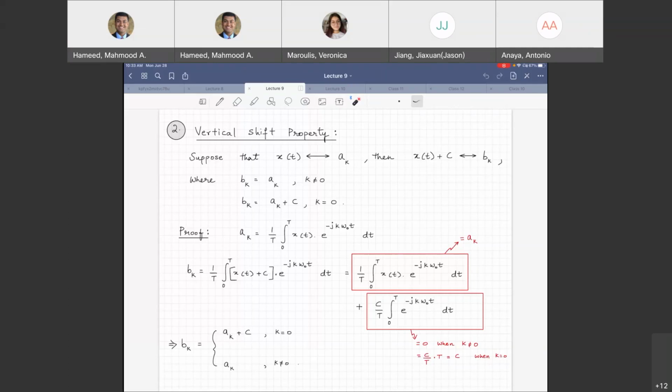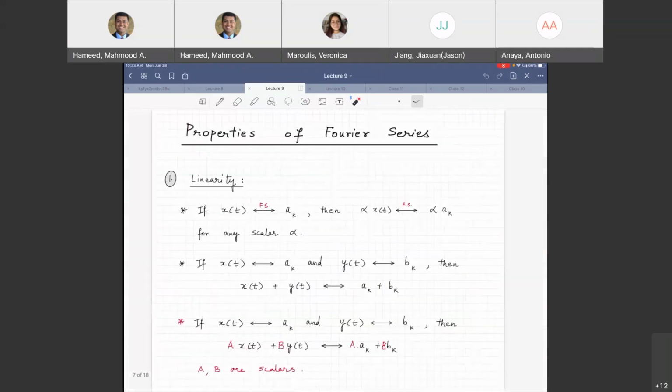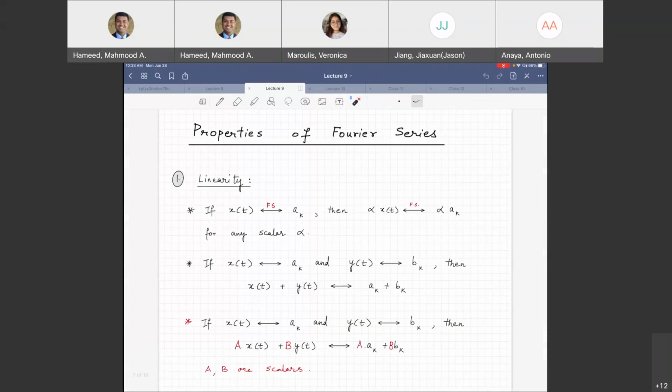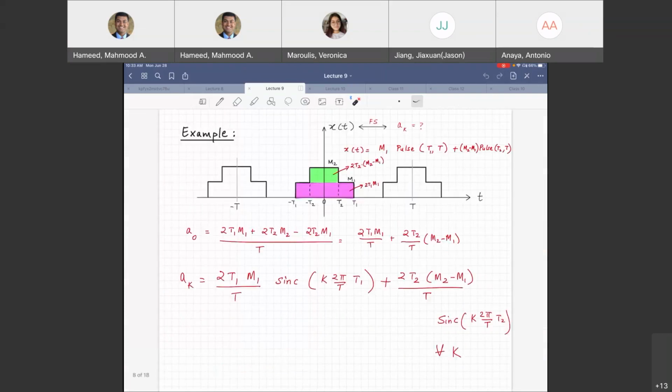We will continue our discussion on Fourier series coefficients. We were talking about the properties. The first property that we looked at was linearity. Linearity includes additivity and homogeneity. So we talked about the property first, and then we used it to find the Fourier series coefficients of this particular periodic signal.